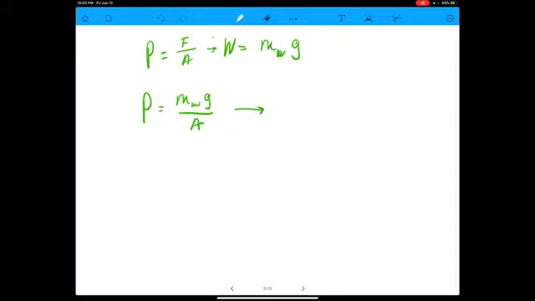I'll put a little boot underneath it to make it a little bit more obvious. Density equals mass over unit of volume.